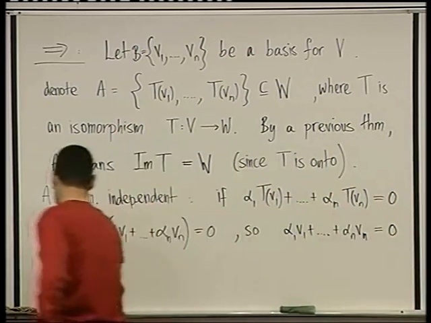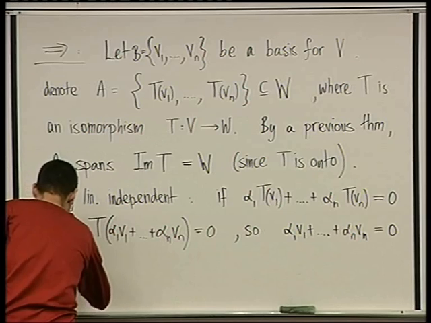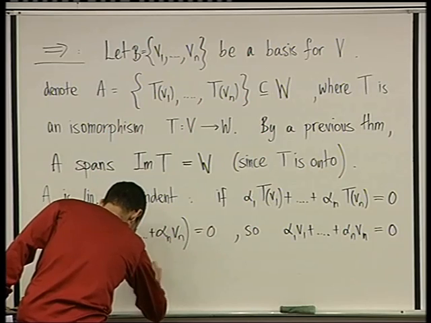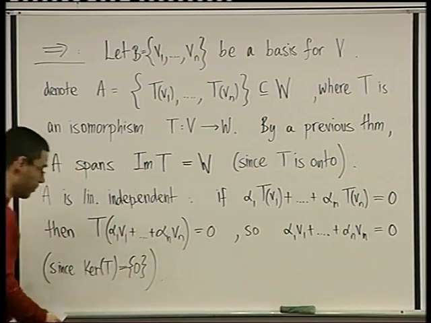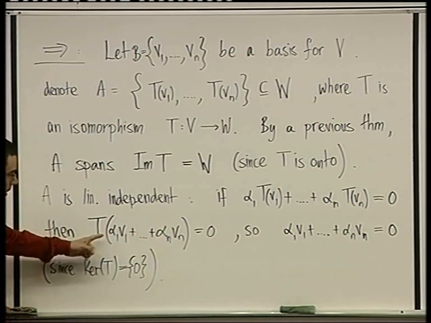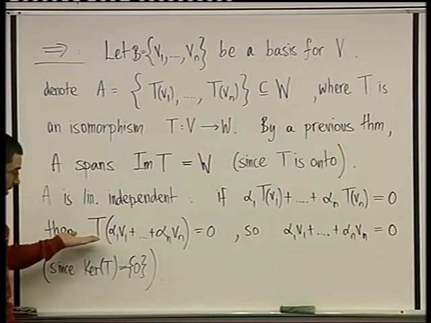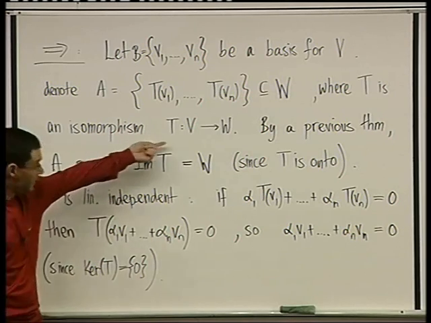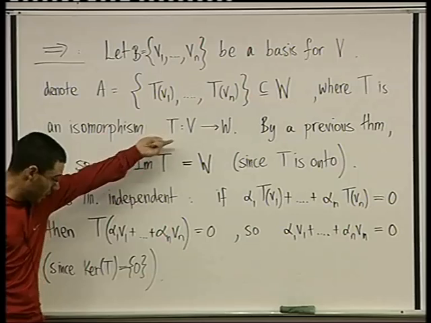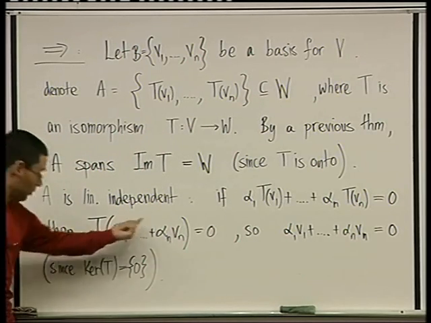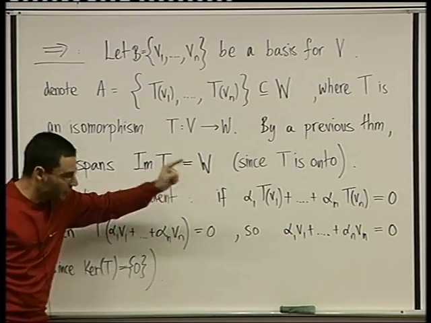So since the kernel of T is just the 0 element, that's the meaning of being 1 to 1. Here we have an element which is sent to 0. Being sent to 0 means it's an element of the kernel. But since T is 1 to 1, we're assuming in this direction that there is an isomorphism, the kernel is trivial. Only 0 is in the kernel. Therefore, this element is itself 0.